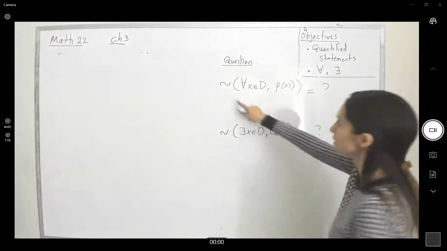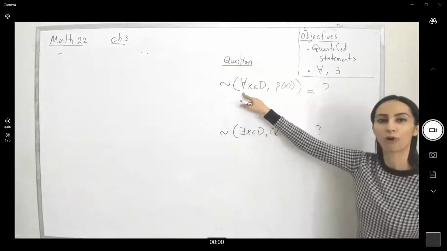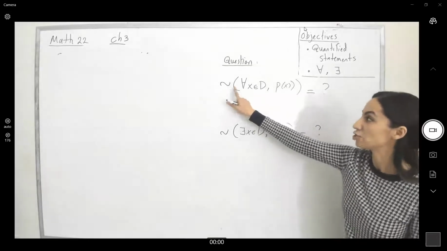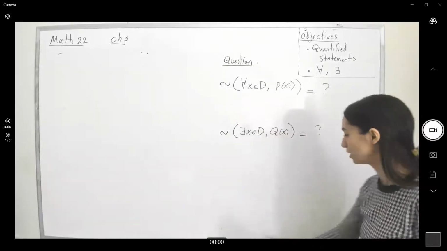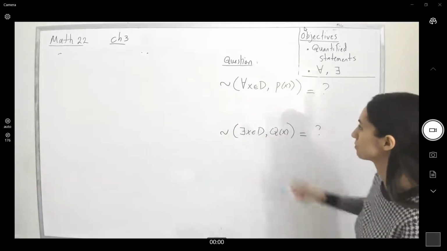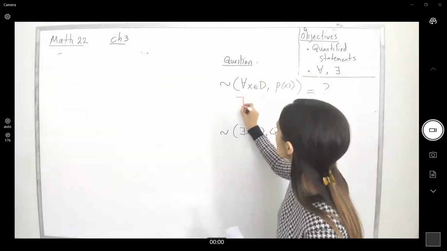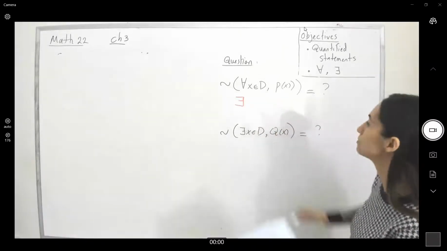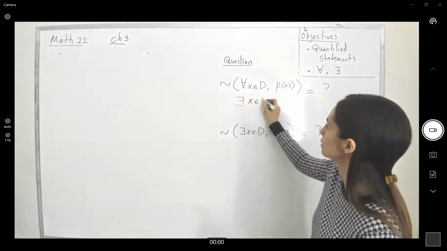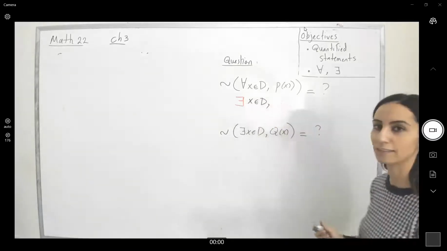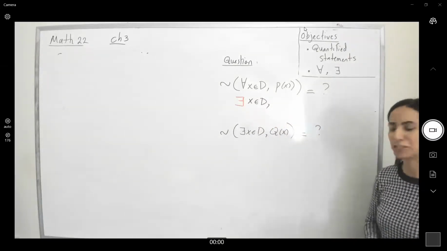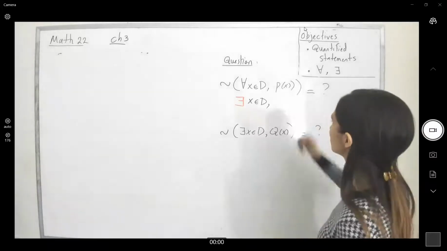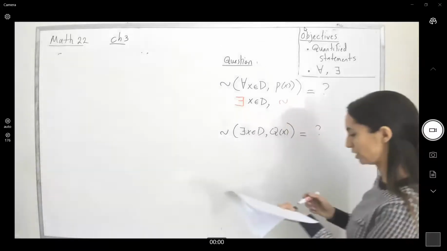So, what would be the negation of for all? The negation of for all is going to be there exists. So, there exists x in the domain such that you have to negate the predicate as well, not Px.